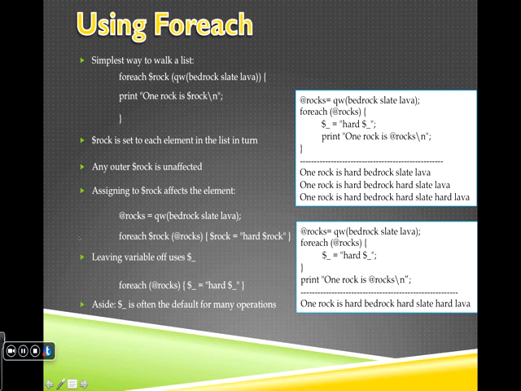For each value, the first value will be bedrock. Print out for me one rock is the value of rock, in this case bedrock. The second time will print slate, the third time will print lava. So the scalar rock is set to each element in the list in turn.